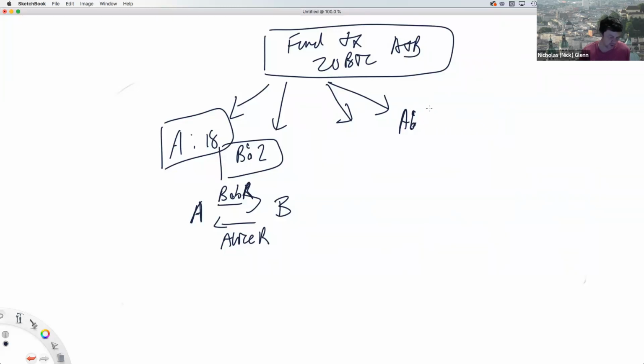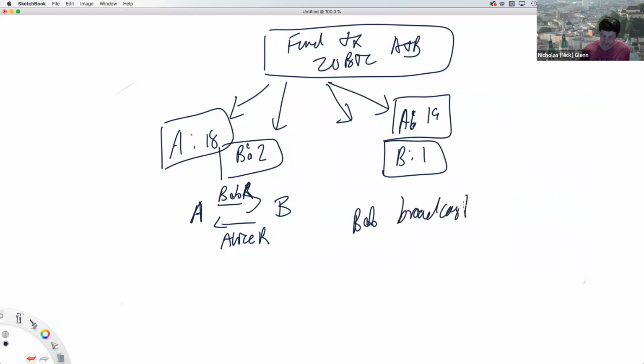All right, so this would give Alice 19 and Bob 1. Okay, and like we said, what if Bob broadcasts on the network? They agree not to do this. He tries to be sneaky. He tries to broadcast 18 to Alice's address and 2 to his address.